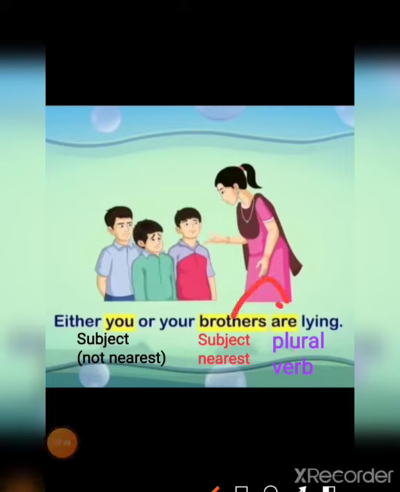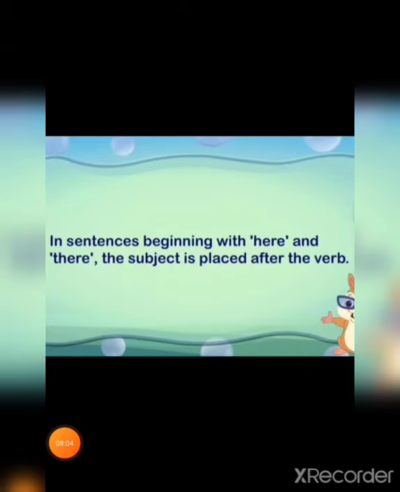Okay. Brothers are lying. Either you or your brothers are lying. If the sentence was in this way, either your brothers or you are lying. Here you is there, so there will be no problem for you to understand. Okay. So either you or your brothers are lying.